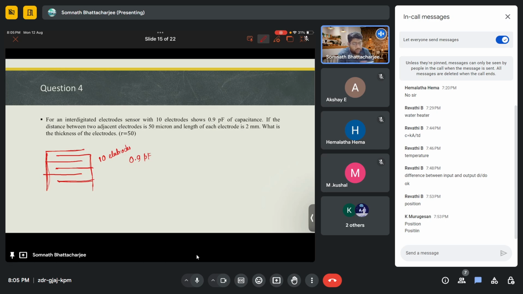The distance between two adjacent electrodes is 50 micron, and the length is 2 mm. So what is the thickness of the electrode? How do we measure the thickness of this?